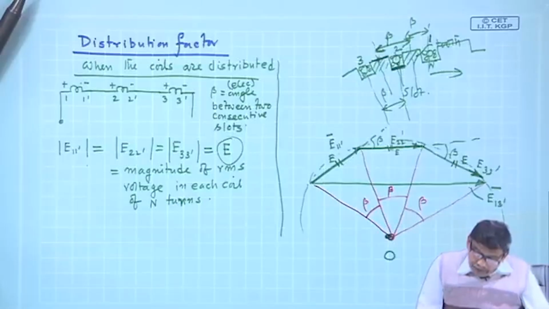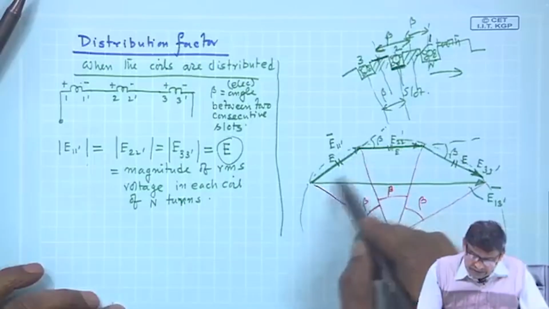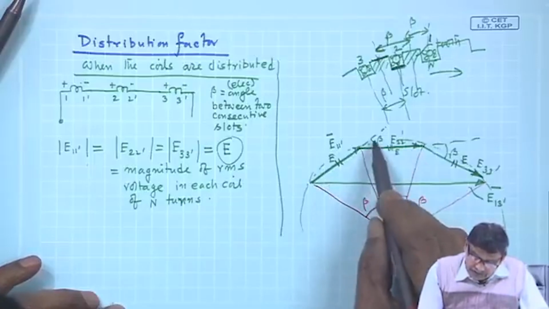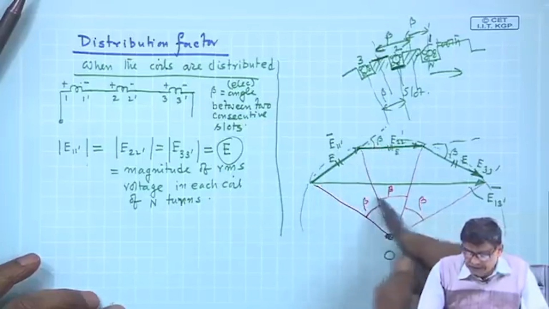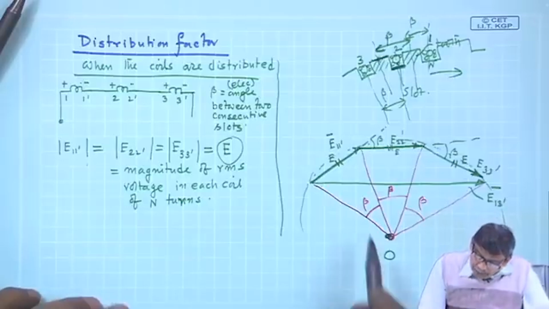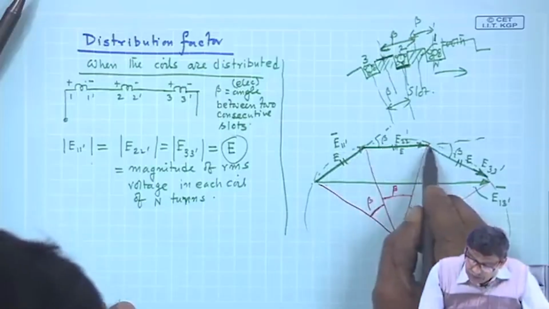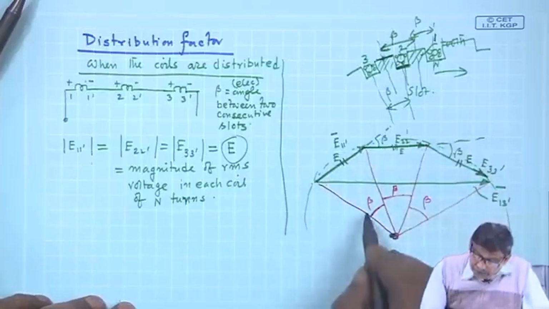Because these two sides are equal, this angle is equal to this angle, similarly this angle is equal to this angle. So, beta minus these things, and from that you can easily show this is beta. Therefore, the angle subtended by each so-called chord of this circle, which are equal in length, will be the same beta.